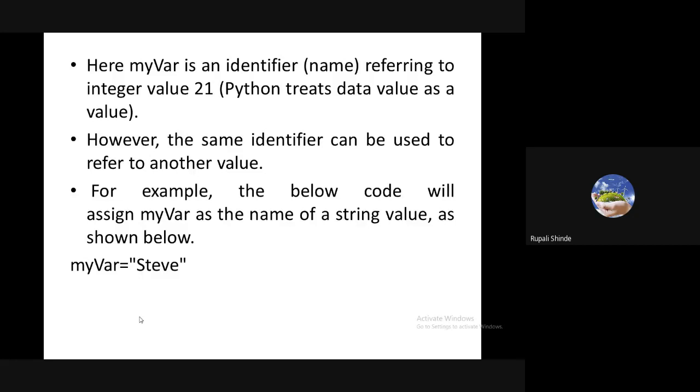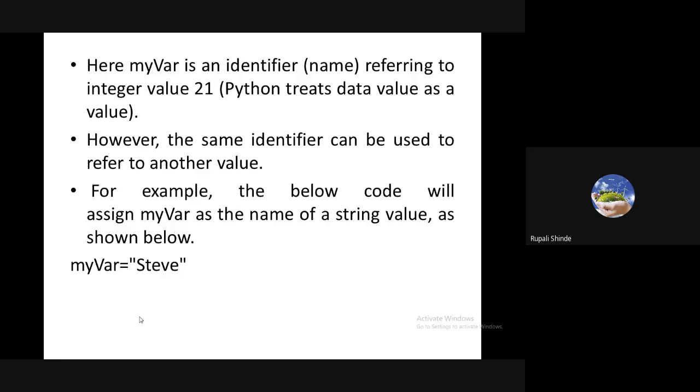Python treats data value as a value. However, the same identifier can be used to refer to another value. As I have told, whatever identifier or variable we declare here can be used for different types of data. But in C++, if I declare an integer type variable, only an integer value can be stored in the variable.